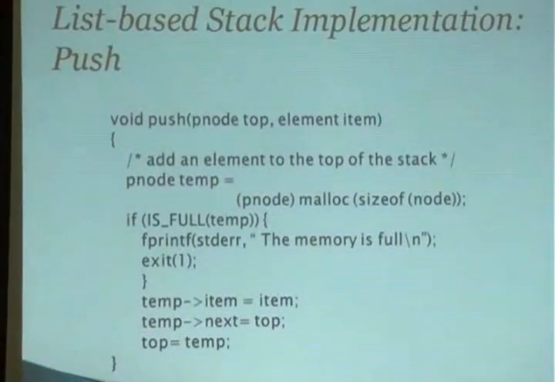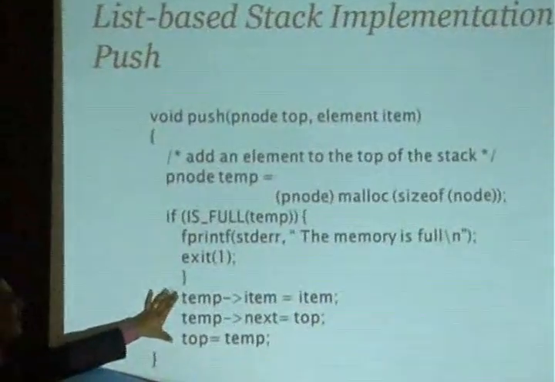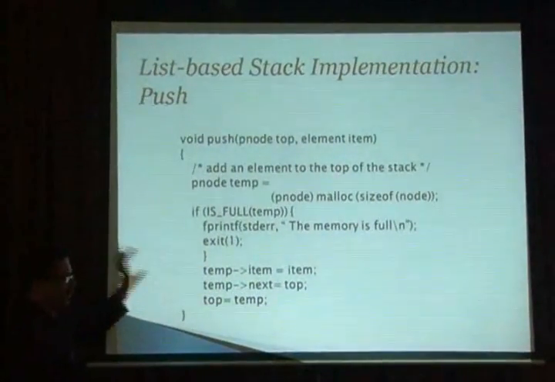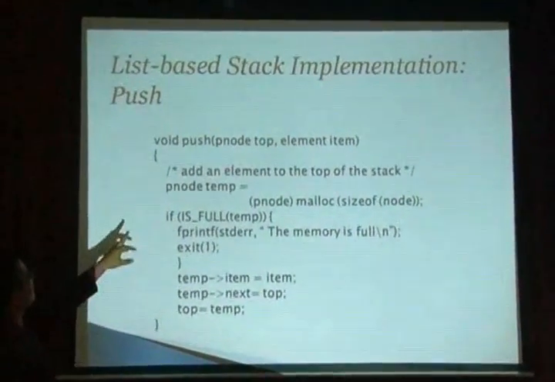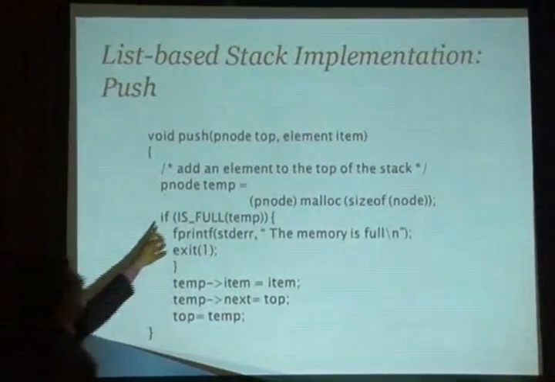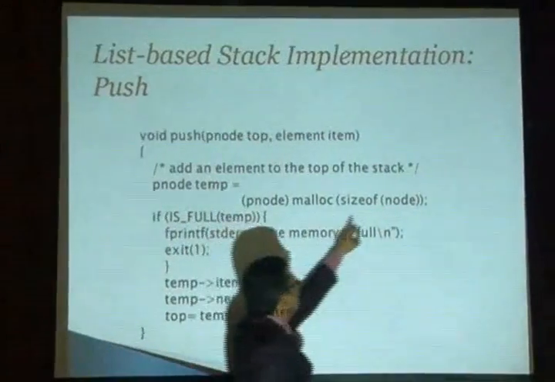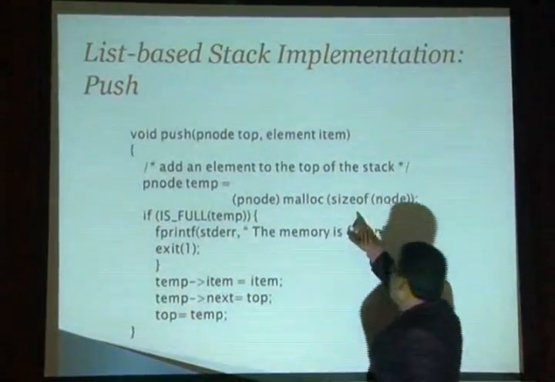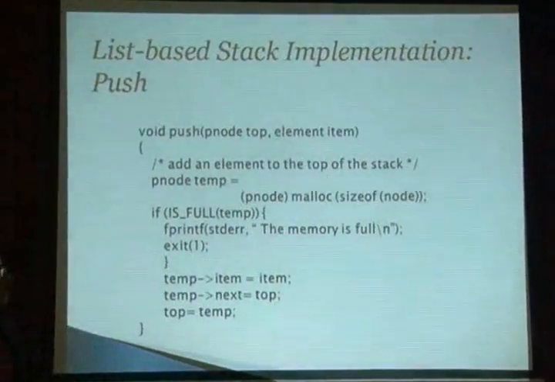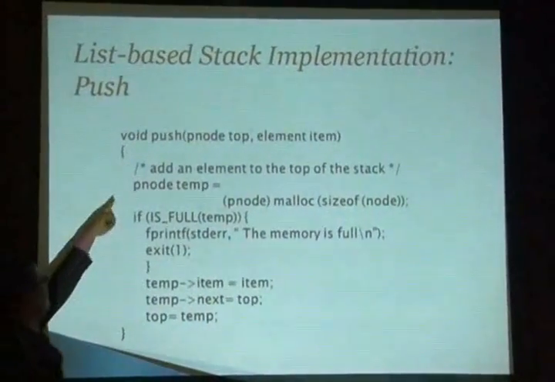Here, this is the part where the link will be made. Initially we create a node temporarily and allocate the memory here. How much memory do you want to store? Suppose for a node we need to create, the memory allocation is made here.